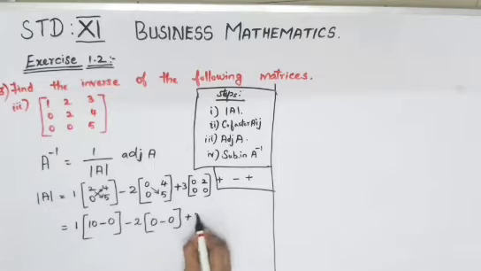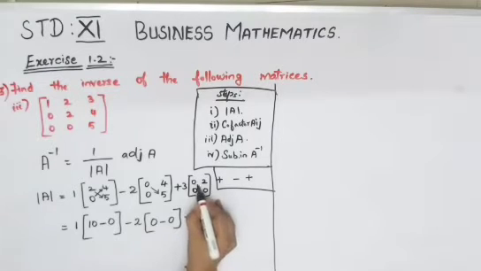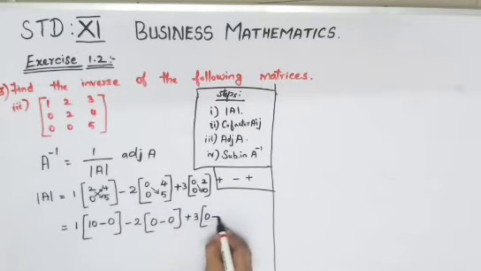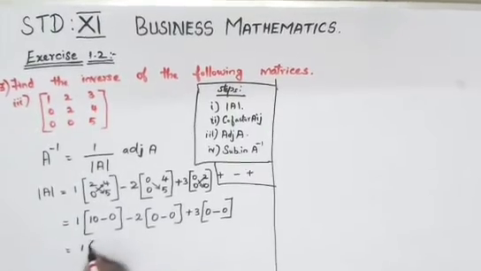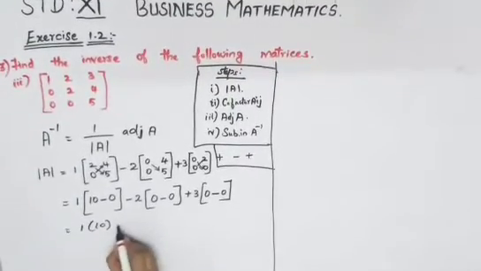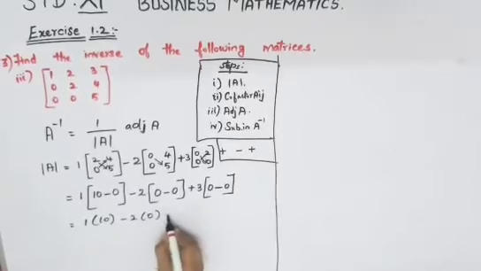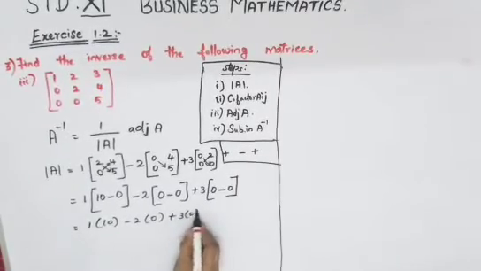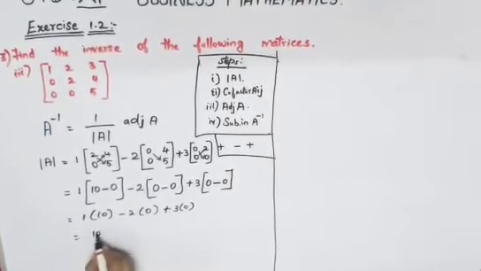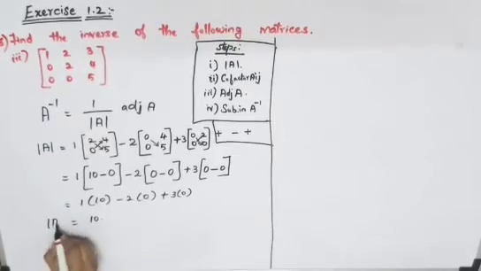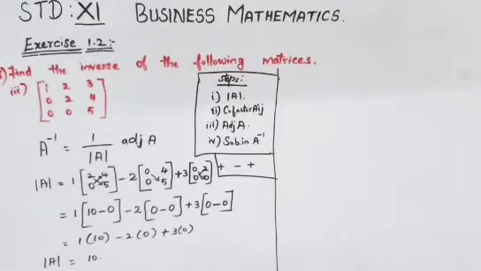So plus 3 into, 0 0 0, minus 0 and 2 multiplication, you get 0. So again solving, 1 into 10, minus 2 into 0, plus 3 into 0. So the answer is 10. So determinant of A is equal to 10.